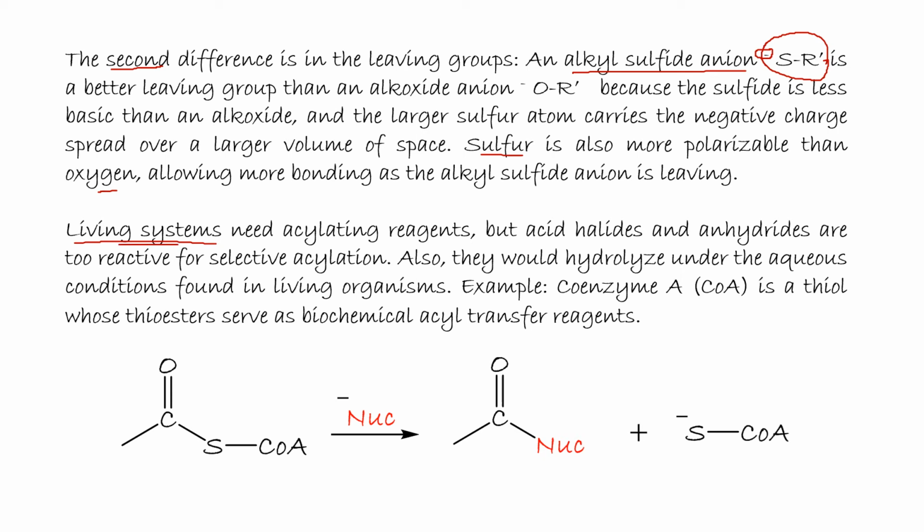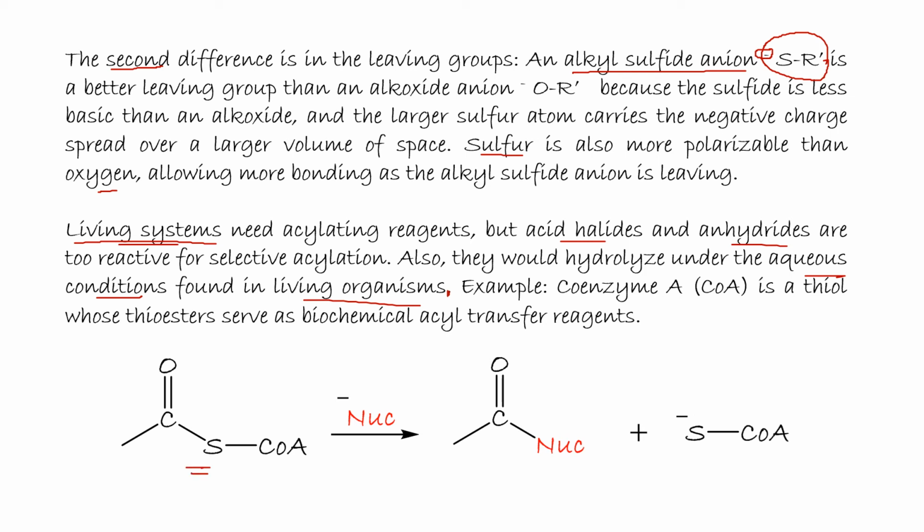Well, living systems need acylating reagents, but acid halides and anhydrides are too reactive for selective acylation. Also, they would hydrolyze under the aqueous conditions found in living organisms. But we need an acylating agent in the naturally occurring system. Well, the thioester is good.